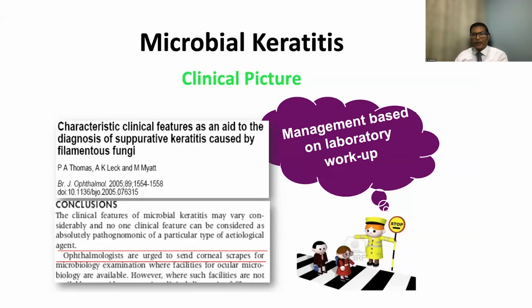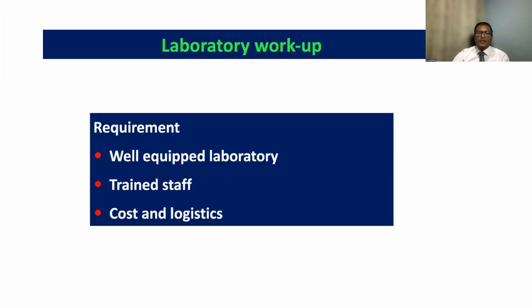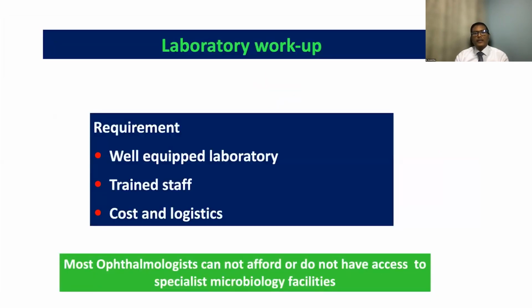Many organisms may have a final common pathway of corneal melting, and in such cases it is important that we understand the underlying organism and treat appropriately. So management should definitely be based on a good laboratory workup. But the limitation obviously is the need for a well-equipped laboratory, trained staff, cost and logistics.